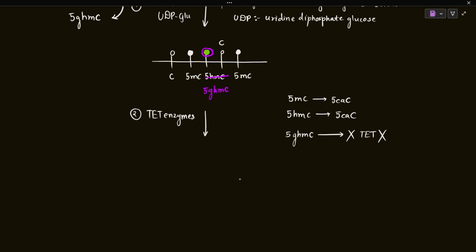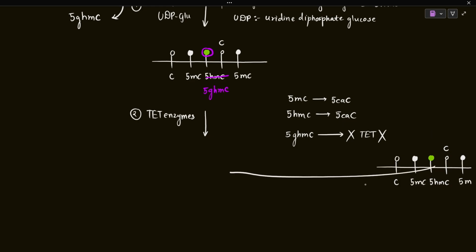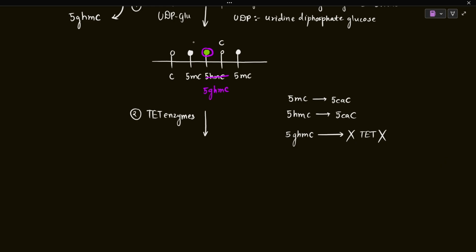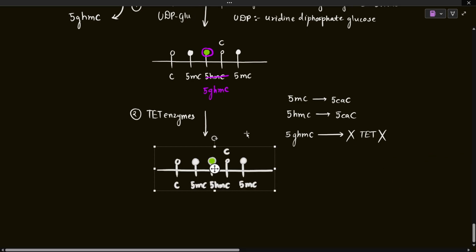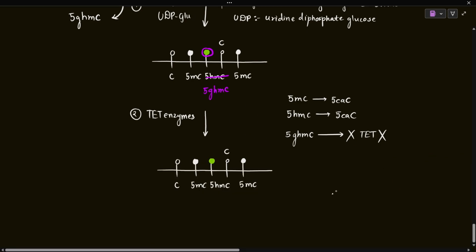So let's just copy it again. So this will be the result. Okay, so what will happen? The cytosine will stay as it is, because the Tet enzyme cannot work on the cytosine. Those 5-methyl cytosines will be converted into 5-carboxyl cytosine.